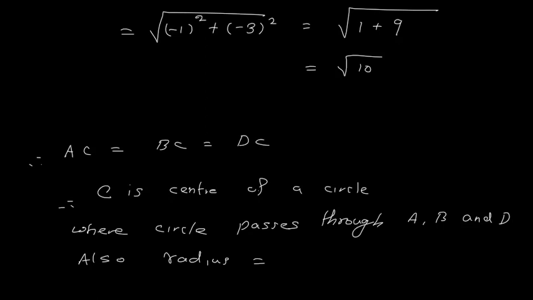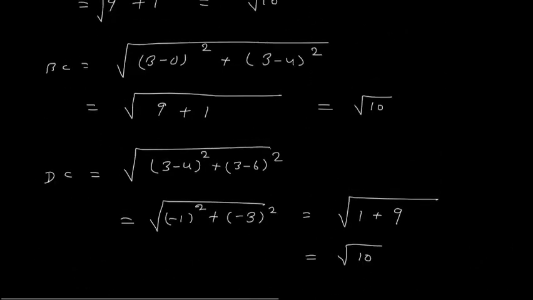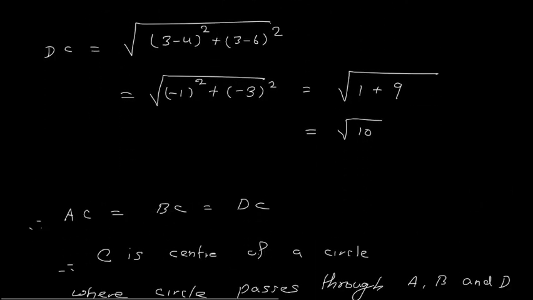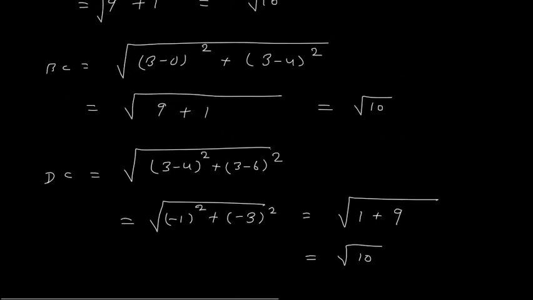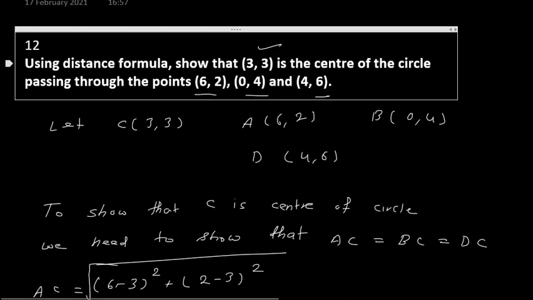Actually it is not asked, but you can also write the radius is root 10 units. Because AC, BC, DC are nothing but the radius of the circle, right? Okay, so I think we should stop here.